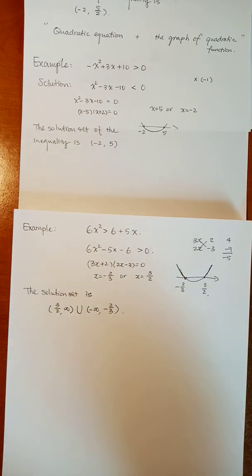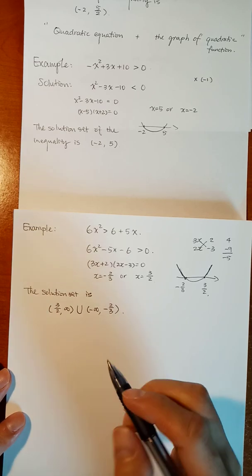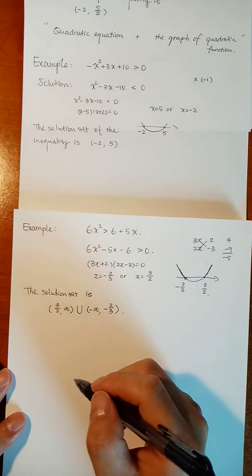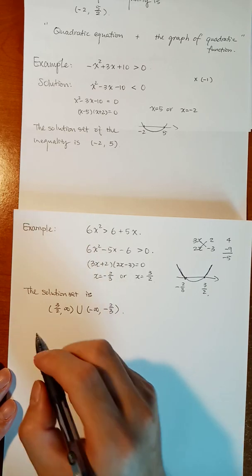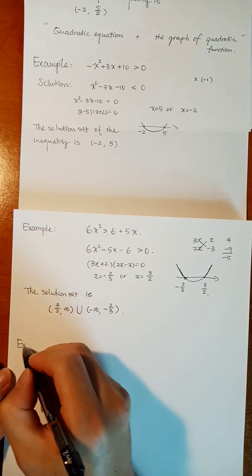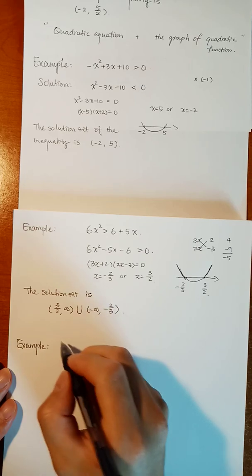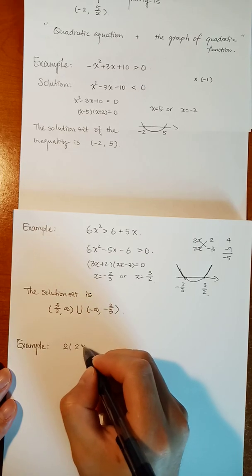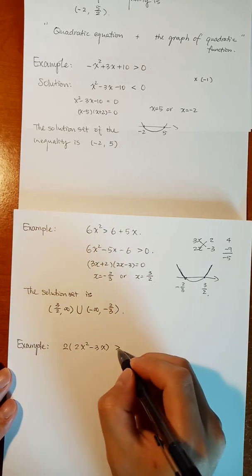Let's do one more. For example, let's choose the greater than case. We have 2x squared minus 3x is greater than negative 9.